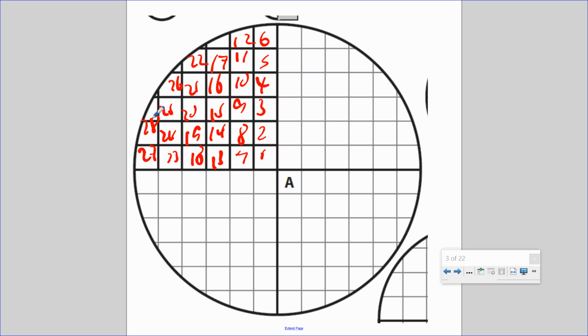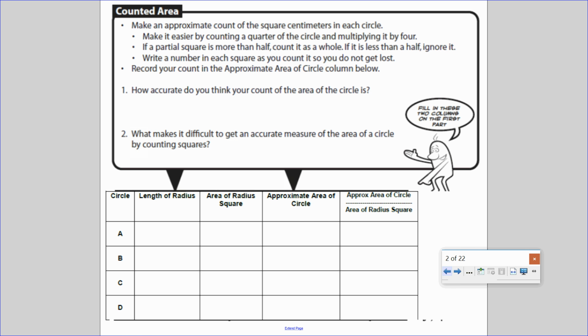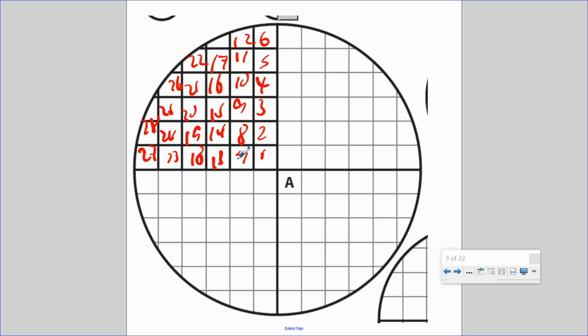That's the area of a quarter circle. There are 4 quarter circles, so 28 times 4 is 112. The length of the radius is 1, 2, 3, 4, 5, 6.